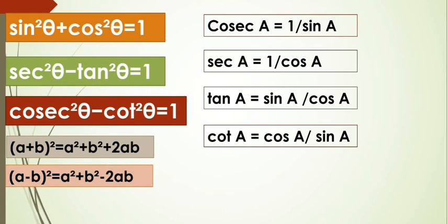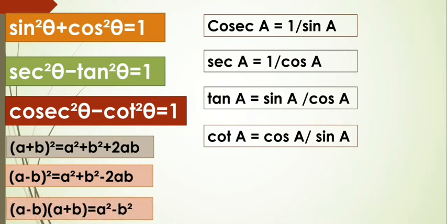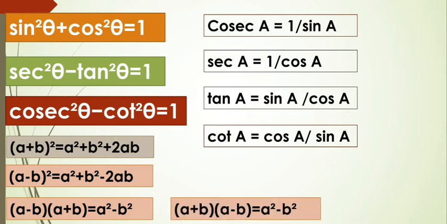Similarly, (a minus b) whole square can be written as a square plus b square minus 2ab, and (a minus b) into (a plus b) is equal to a square minus b square, or otherwise it can be written as (a plus b) into (a minus b), which is equal to a square minus b square. Already we discussed how to expand these using the algebraic identities.